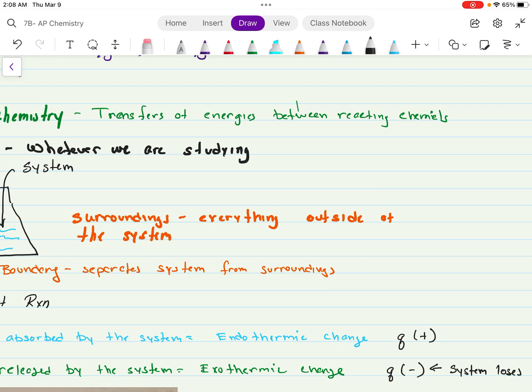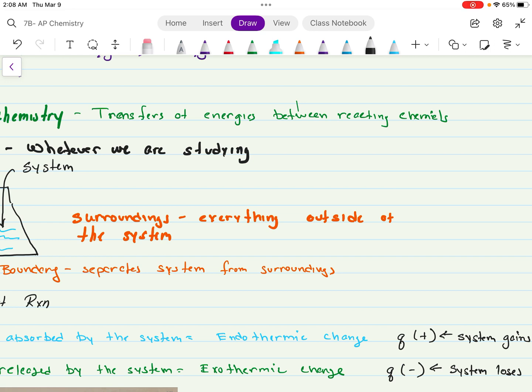In an endothermic reaction, the energy is actually coming from the surroundings and going into the system. So in this case, the system gains, which is why you see a positive value. This is going to be counterintuitive to what we said before, but remember that when we're measuring the amount of heat either being absorbed or released, we're talking about the amount of heat absorbed or released into the surroundings.